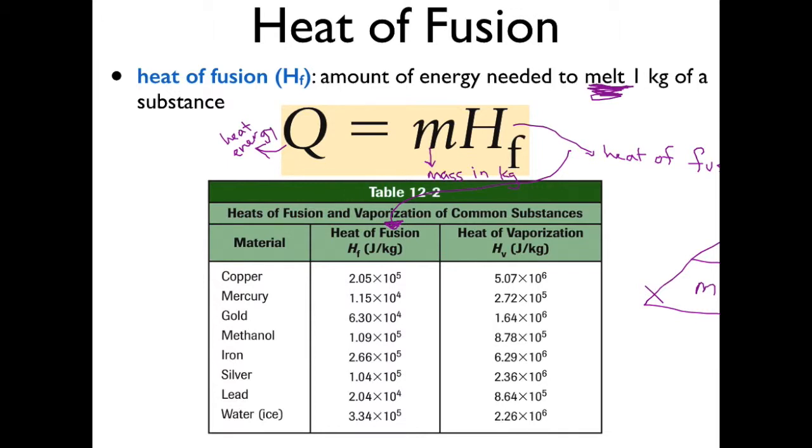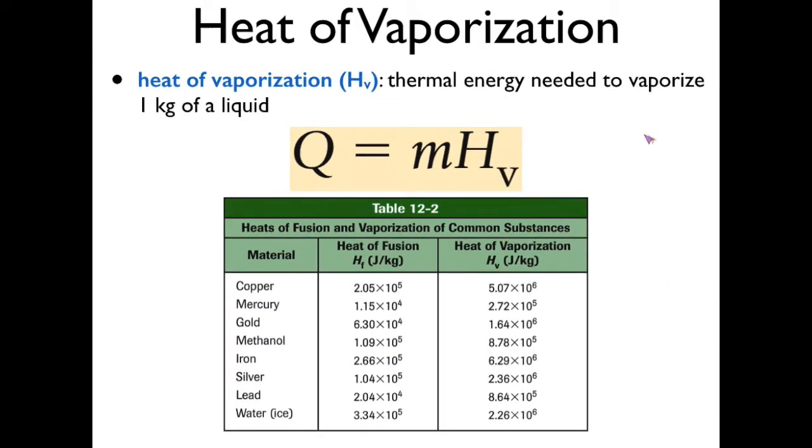You can also do heat of vaporization, or the energy needed to vaporize something, to turn a liquid into a gas. Your Q, again, is still your heat energy. Your M is your mass in kilograms.